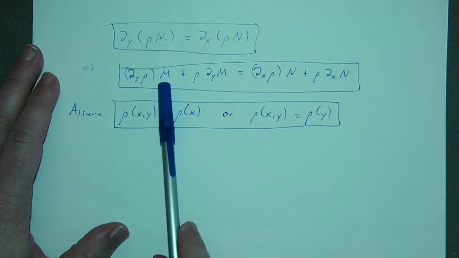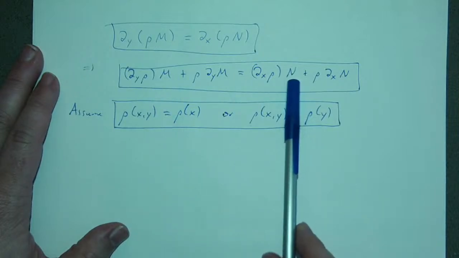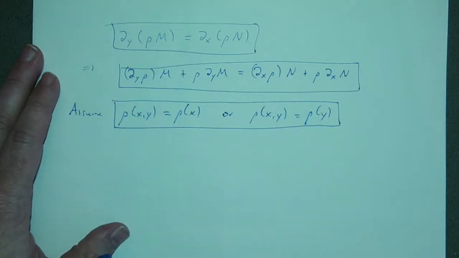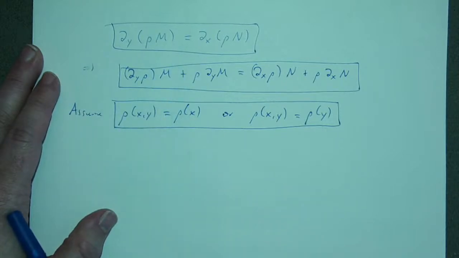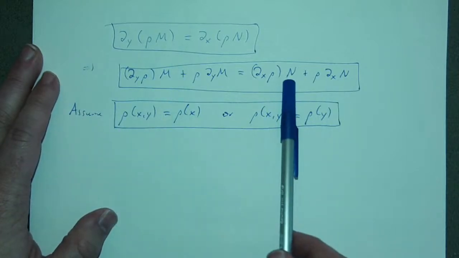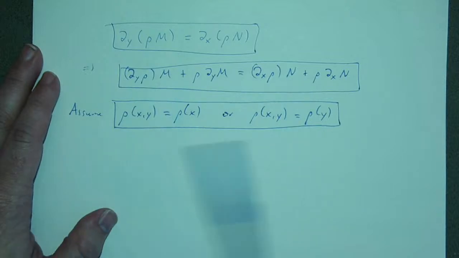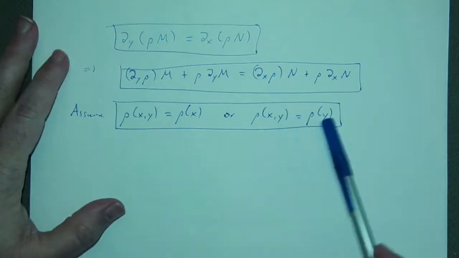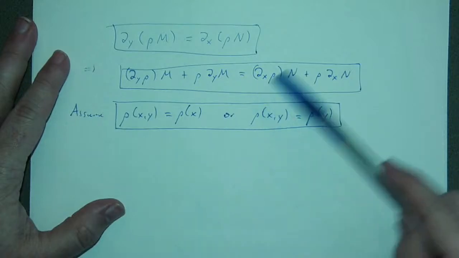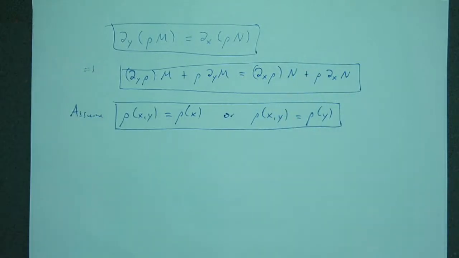So if M is something nasty, and maybe N is a little less nasty, then you would want to zero out this term to make your life easy. Alternatively, if N is nasty and M is less nasty, you would assume that rho only depends on y, so that this term would be zeroed out. Sometimes both M and N are about similar levels of complexity, and in that case you have a choice. You just choose one of those things, whatever works.